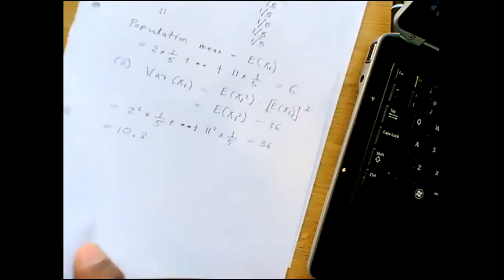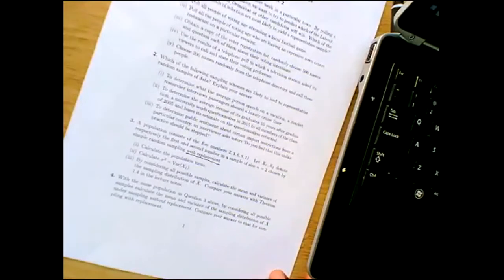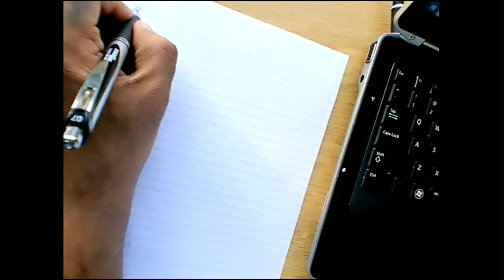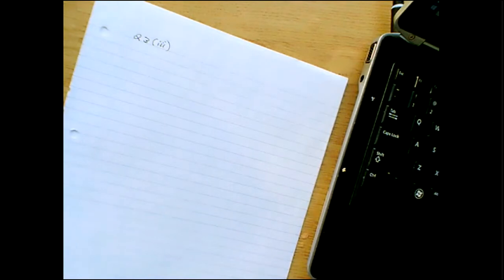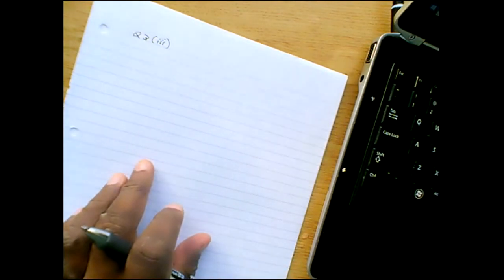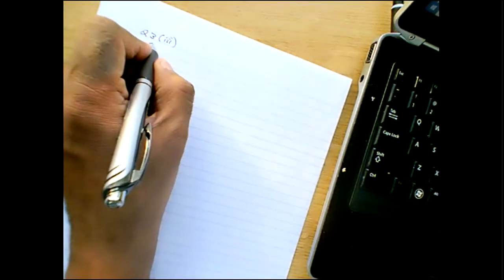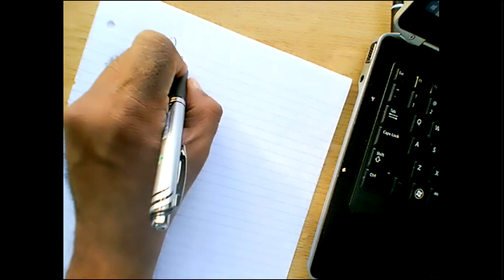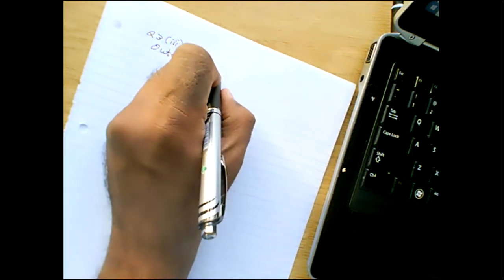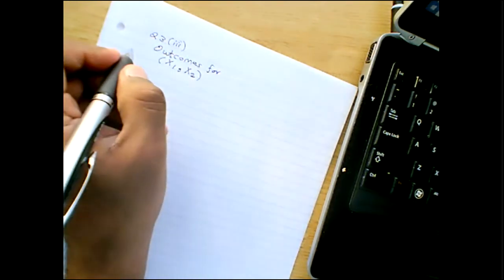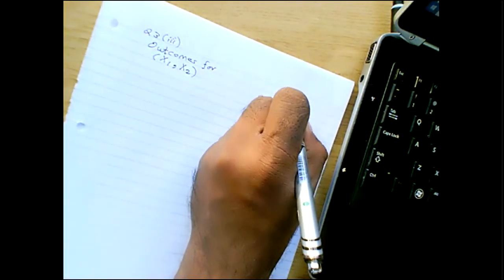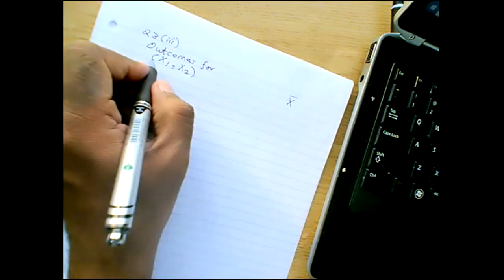So when you draw with replacement, you can have all possible outcomes. Let me write down the outcomes first, for x1, the first number that you choose, and x2, the second number that you choose. And then you have x bar, which is the average of the two.